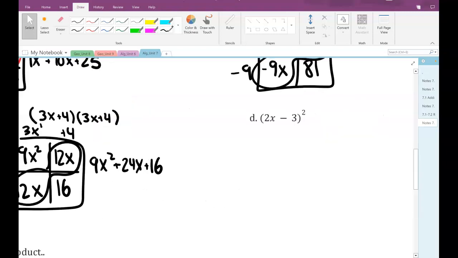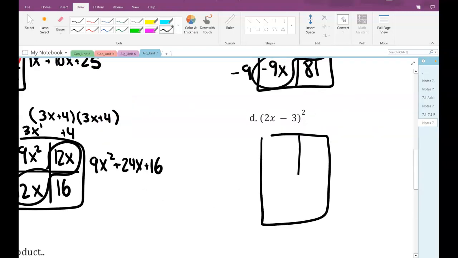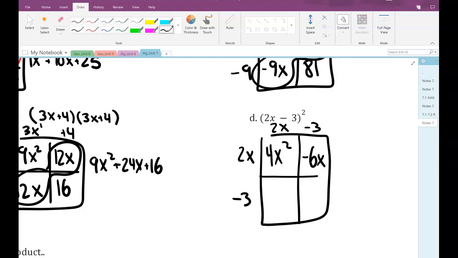So if we do example D, we'll have the same deal. 2x minus 3, 2x minus 3. This is 4x squared minus 6x, negative 6x. Negative times negative is a positive, and again, these two diagonal terms are the same.